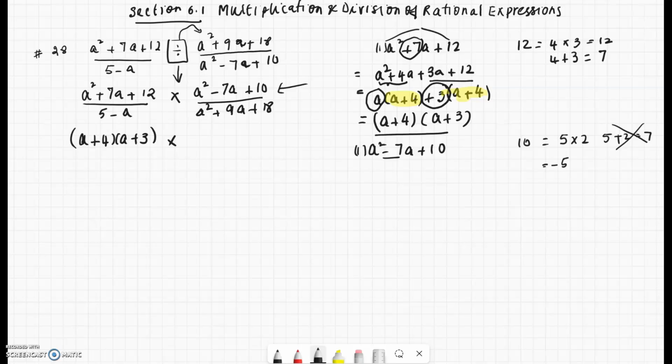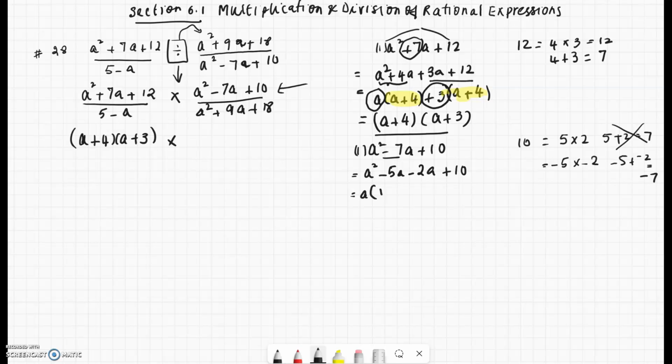So we go negative 5 times negative 2 is equal to positive 10, and negative 5 plus negative 2 is equal to negative 7, which is the middle term. So we use the factors to break down the middle term as a squared minus 5a minus 2a plus 10, which is minus 7a plus 10.